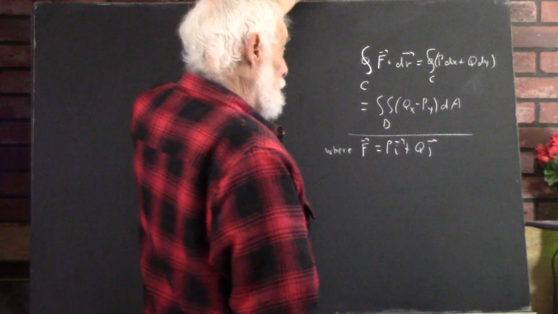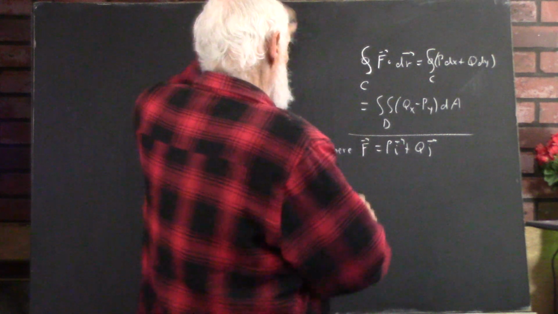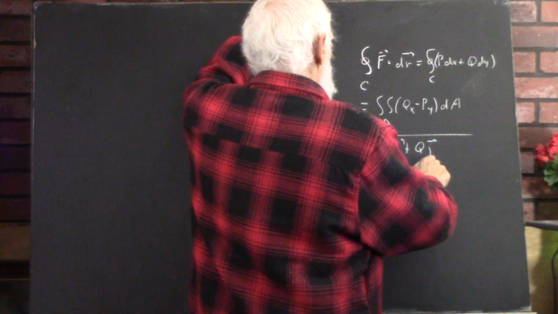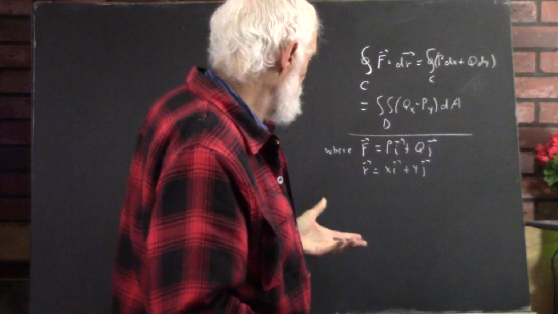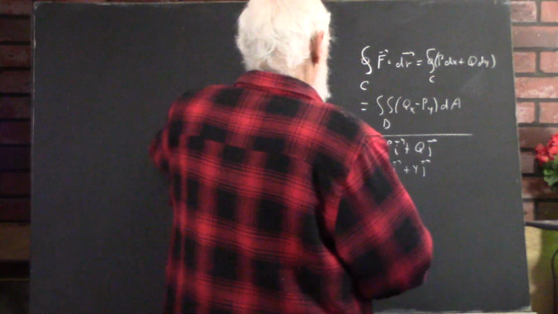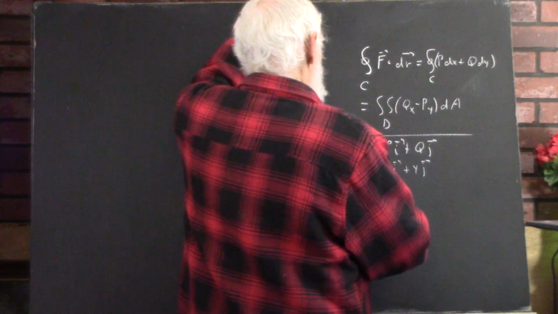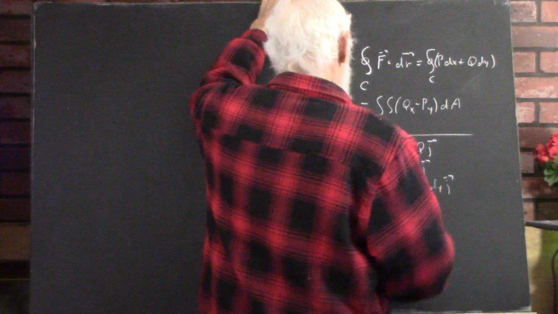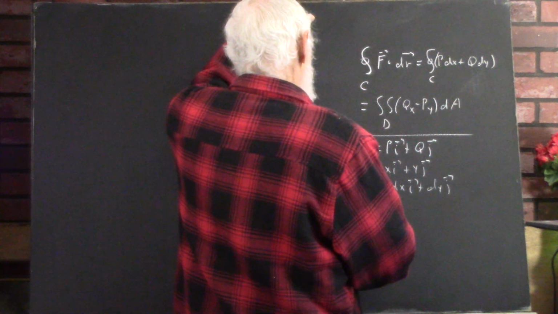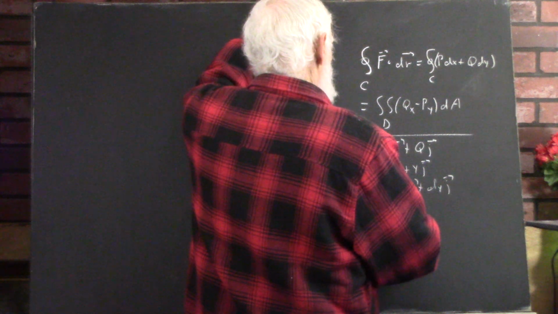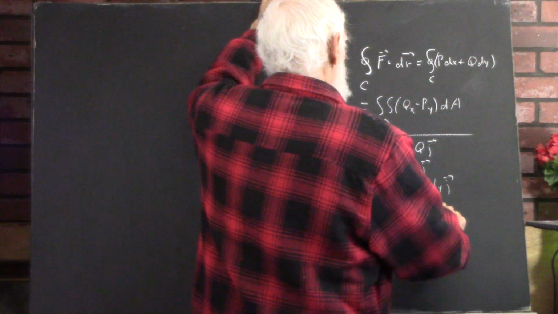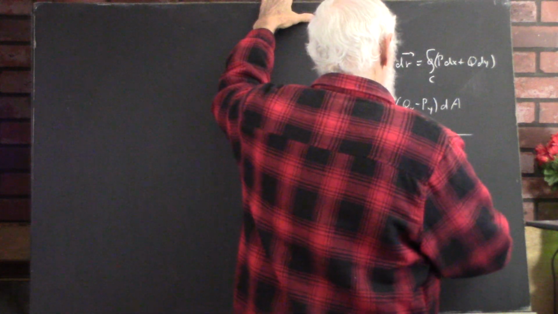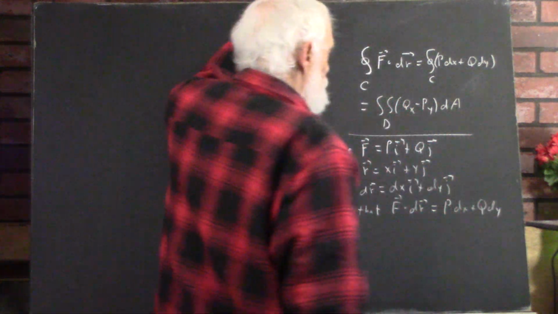Where F equals Pi plus Qj, and of course R equals xi plus yj, and we might have to parameterize that to do the integral, and dr therefore equals dx i plus dy j, so that F dot dr equals P dx plus Q dy.